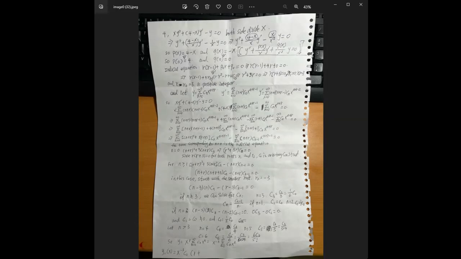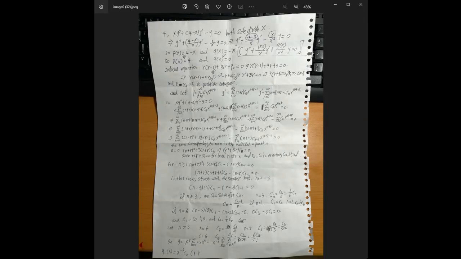If n equals 3, this one cannot be, because for C1 and C3 we have to calculate 0 times C3 over 0 times C2 equals 0. But we know C1 and C0 are not 0.